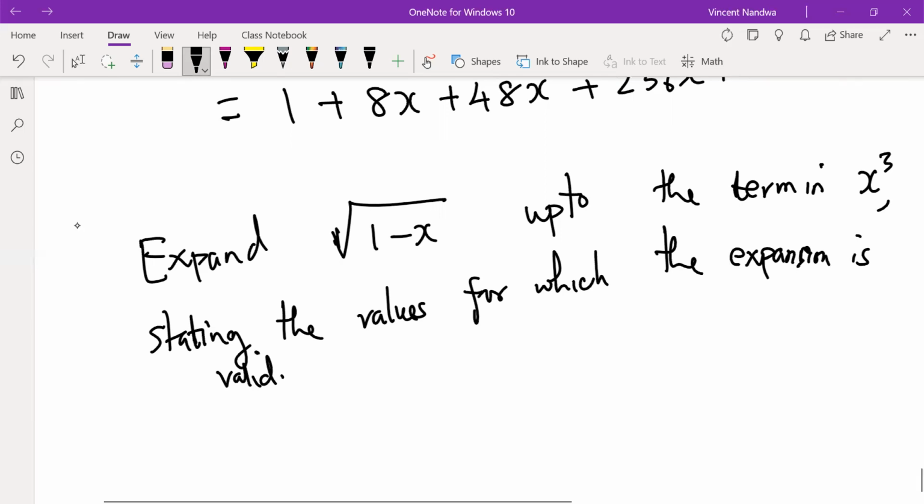Now, this is the same as square root of 1 minus x is (1 minus x) power half.